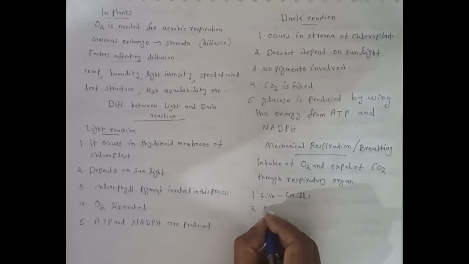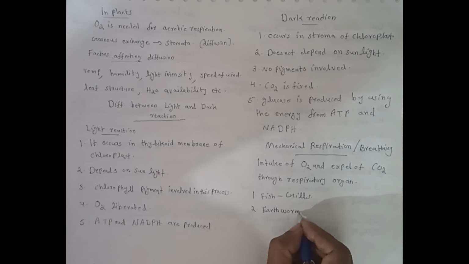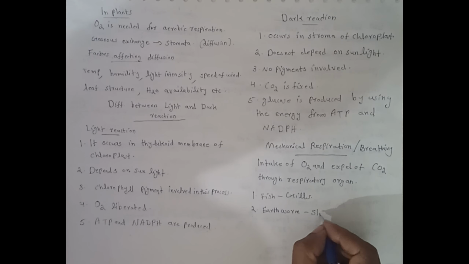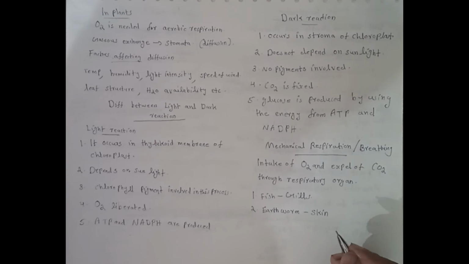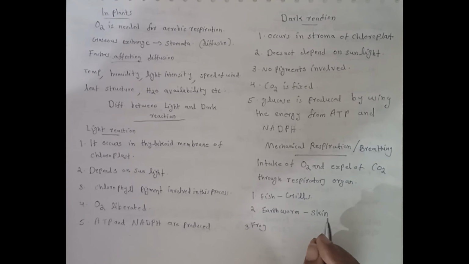Earthworm breathes through skin, which is also known as cutaneous respiration. Frog: in the case of a tadpole, it is through gills, and in the adult it is through skin.